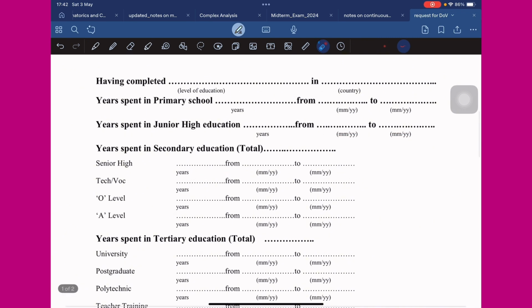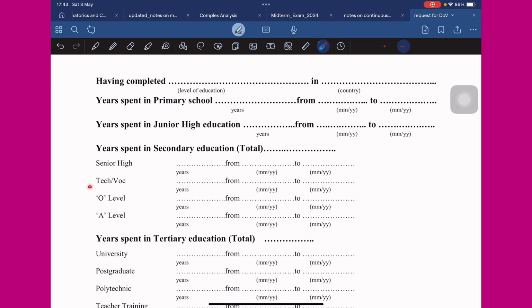And then the next one is years spent in secondary education, and so total years. This is if, let's say, you attended a senior high school and then you also did tech, or you attended technical or vocational school here.